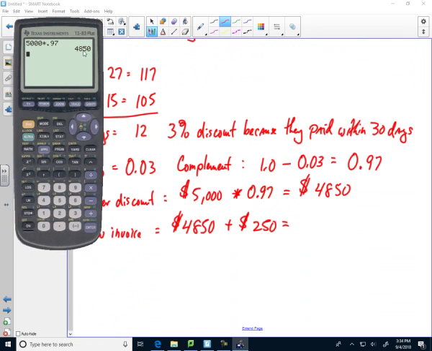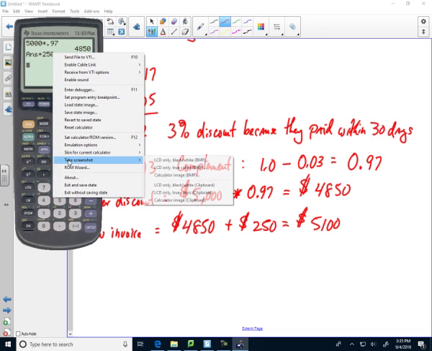So on this calculator, I don't have to type the 4850 back in. I just do this. It takes the previous answer, which is 4850. Add 250 to that. So $5,100. So that's the new invoice.